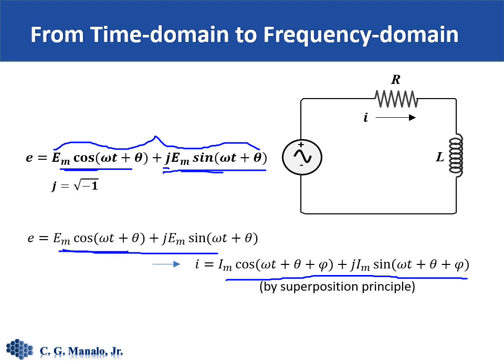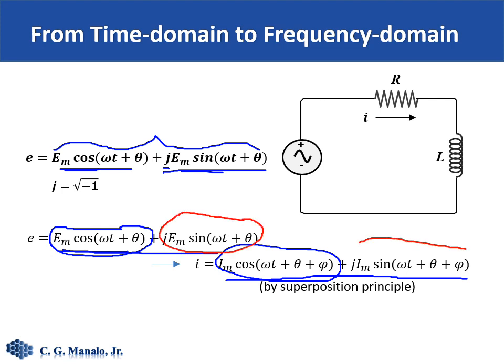So for example, if this is our voltage applied, that would give us this response. And if this is the voltage applied, that should give us this response, according to the superposition principle. The combination of these voltages, this voltage here and here, should give us also the combined response for each of those voltages, which is this one.